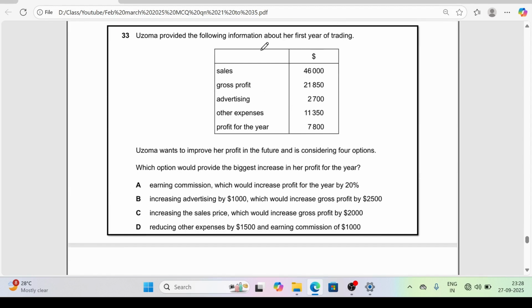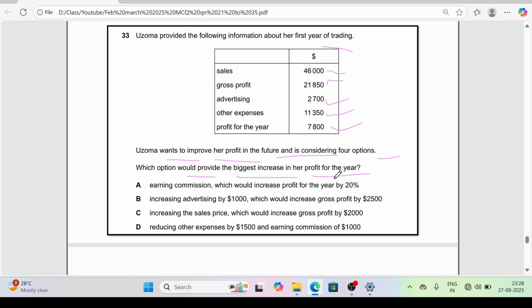Uzoma provided the following information about his first year of trading. Sales 46,000, gross profit 21,850, advertising 2,700, other expenses 11,350, profit for the year 7,800. Uzoma wants to improve his profit in the future and is considering four options. Which option would provide the biggest increase in his profit for the year?